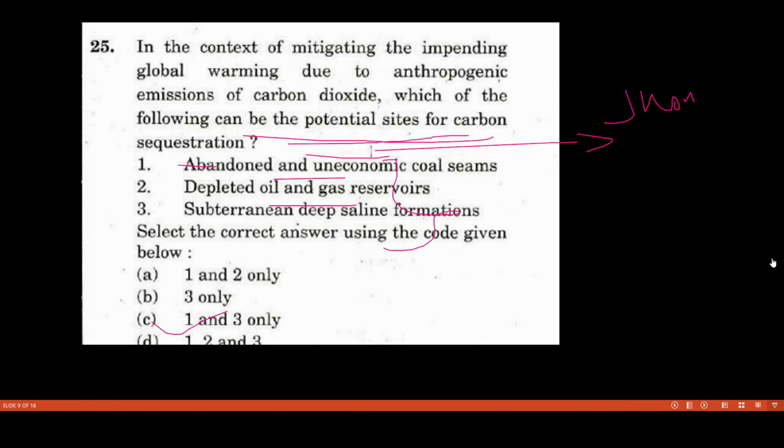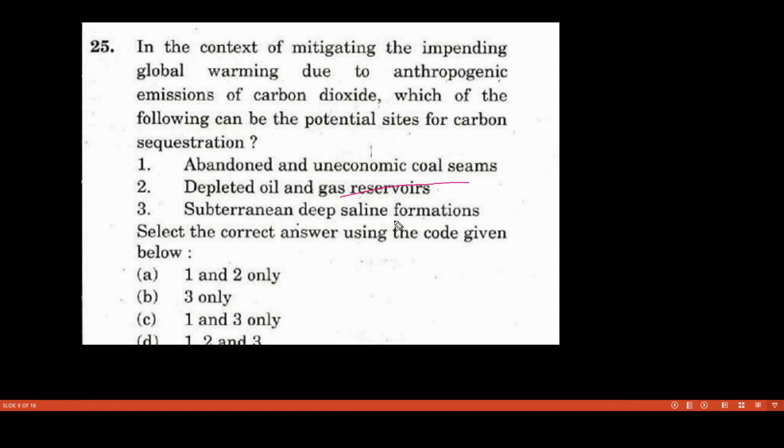For carbon sequestration, we need an environment where carbon can be sequestered under pressure. So where will we get pressure? In abandoned and uneconomic coal seams, in depleted oil and gas reserves, and subterranean deep saline formations.